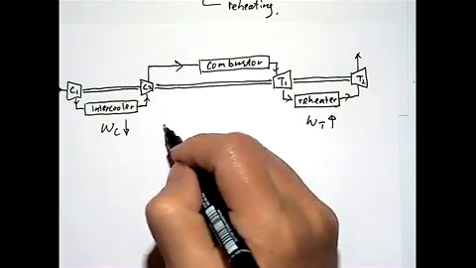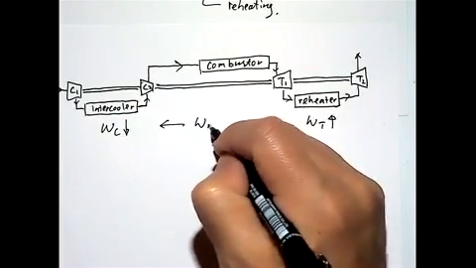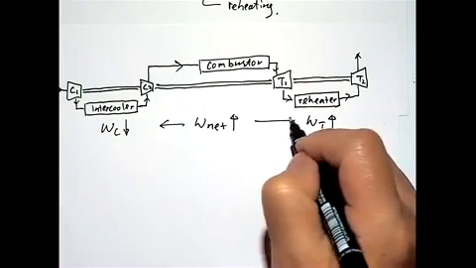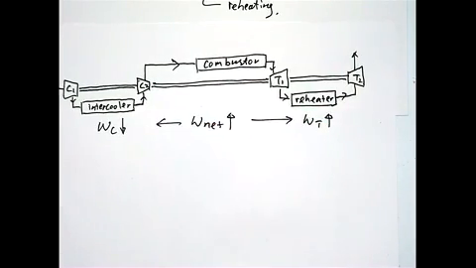Right. So with these two combined together, the net work output will be going up. But in terms of thermal efficiency of the process, you are actually working against the efficiency of the process.